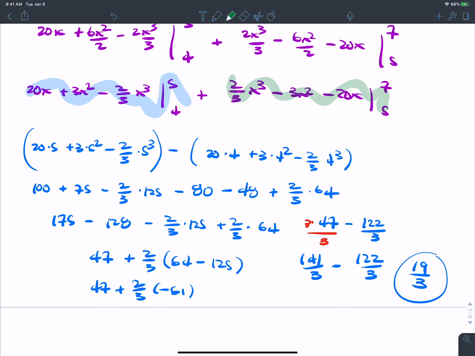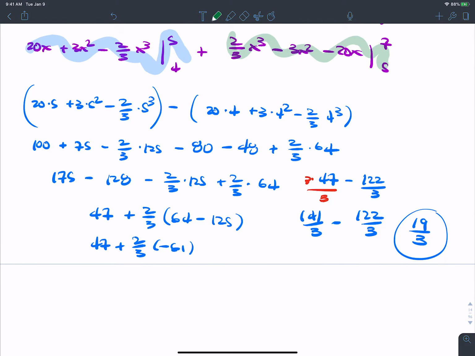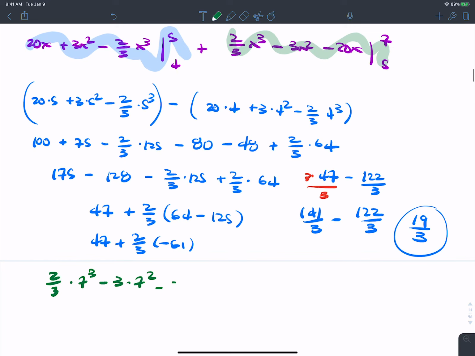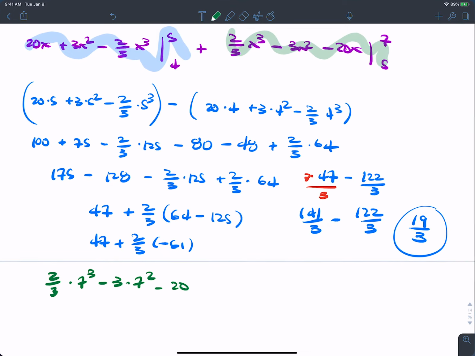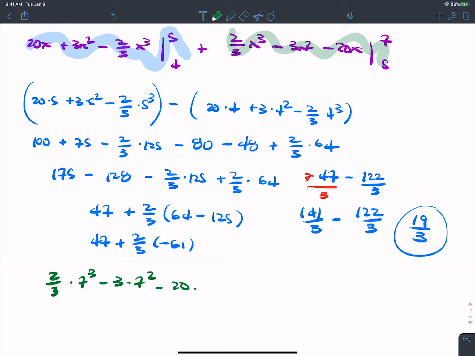Let's do the green now. In green, we have 2 thirds times 7 cubed minus 3 times 7 squared minus 20 times 7, minus 2 thirds times 5 cubed minus 3 times 5 squared minus 20 times 5.